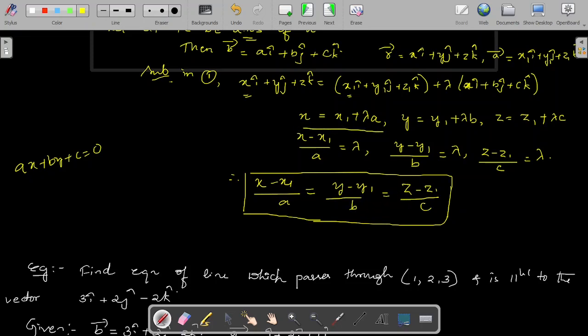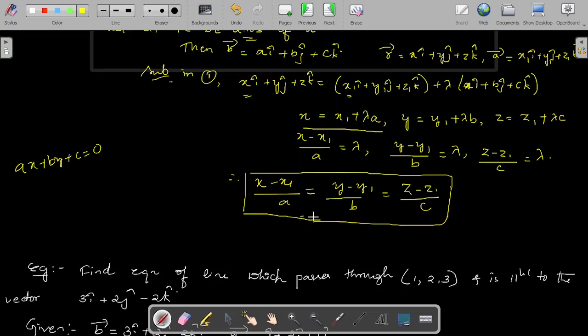When you equate every ratio to lambda, x equals x1 plus lambda a, y equals y1 plus lambda b, and z equals z1 plus lambda c. When you give different values for lambda, you get different points on the given line.